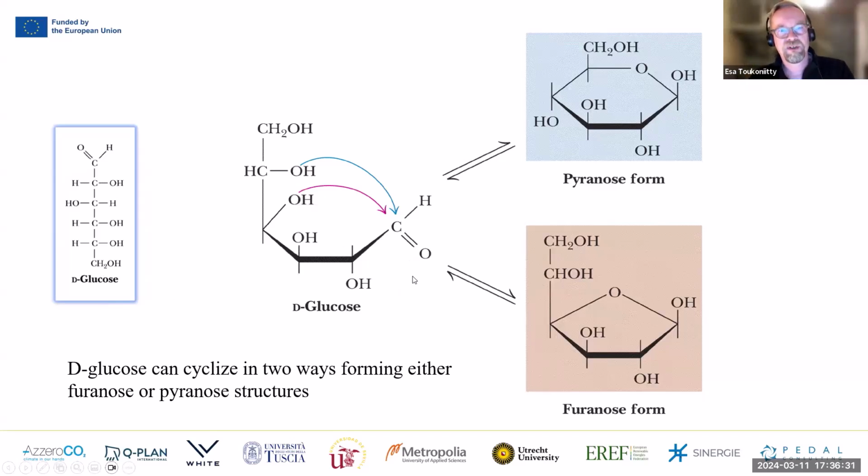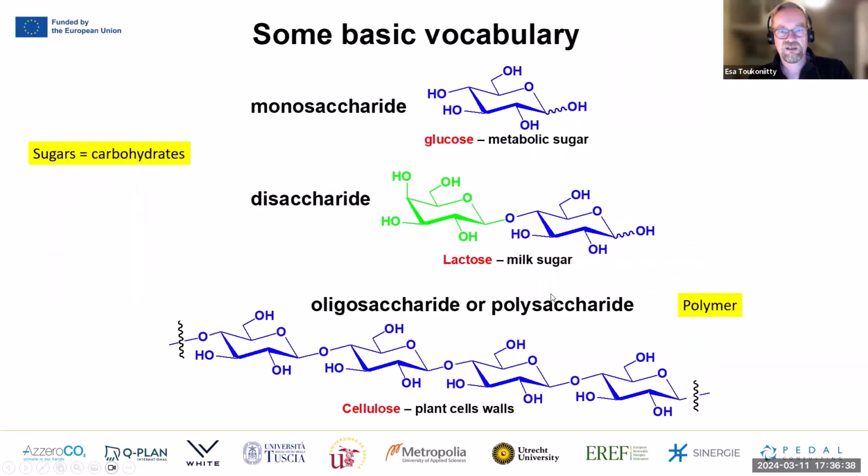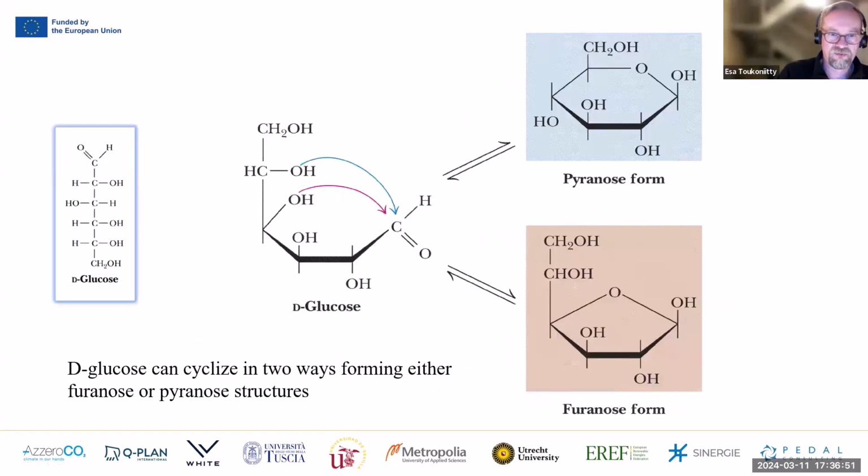But the more common forms are these cyclic forms of those sugar molecules, like you saw in this picture. So these are 6-ring cyclic molecules, all of these that you'll see on this slide here. And that's the most common form of sugar.